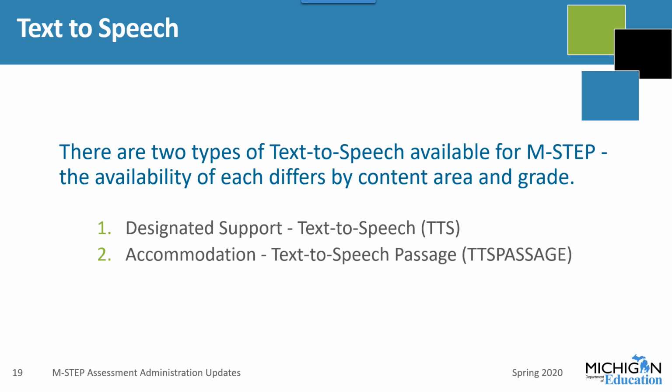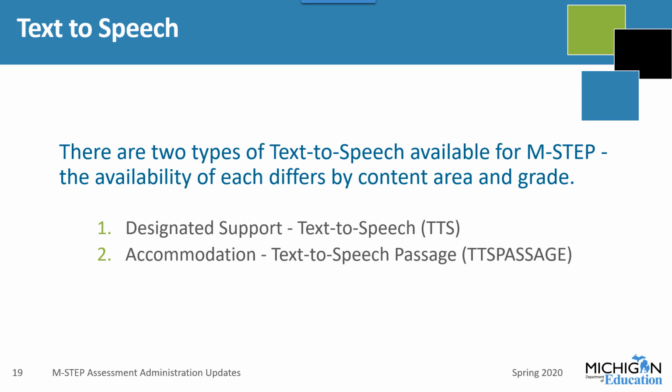To help clarify about text-to-speech or TTS, there are two different types of TTS: TTS for items only, or just TTS, and TTS passage. TTS is a designated support. It reads only the items on the test and can be assigned based on the specific need of the student.